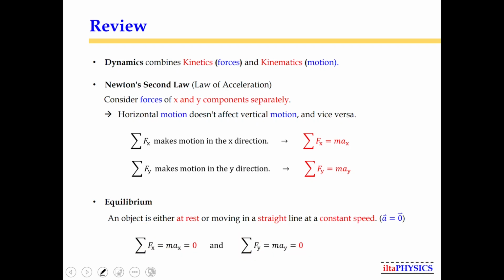So, most two-dimensional dynamics problems are solved using Newton's second law, by setting the sum of forces in each direction equal to the object's mass times its acceleration in that direction. Now, let's study the relationship between motion and forces in terms of mass and weight.